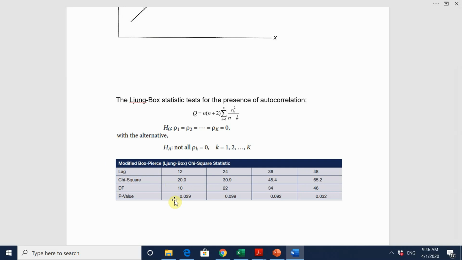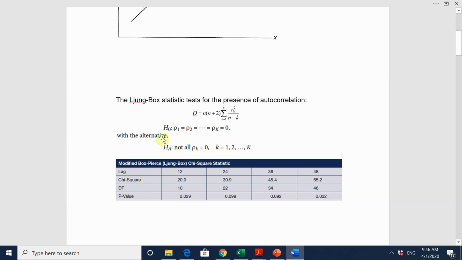If I get p-values in my sample that are less than 0.05, the idea is that I reject the null hypothesis. And if I reject the null hypothesis, this means that my model is not adequate, hence it is inadequate.